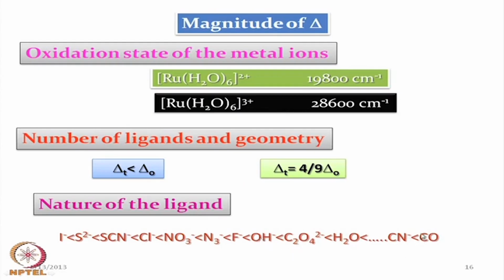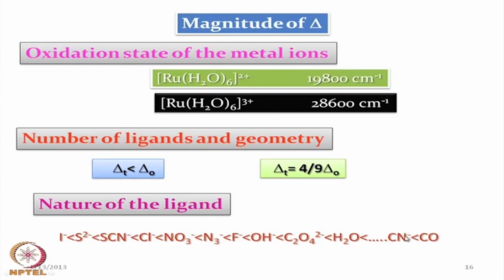And lastly, the two well-known strong field ligand systems, which we have already discussed in the case of the nickel compound or the cobalt compound, hexacyanocobaltate and tetracyanonickelate: cyanide is stronger than water or ethylenediamine. Further, though carbon monoxide is neutral, because of its typical nature of bonding, which we will discuss in the molecular orbital picture, CO will exert a larger delta value compared to CN minus.